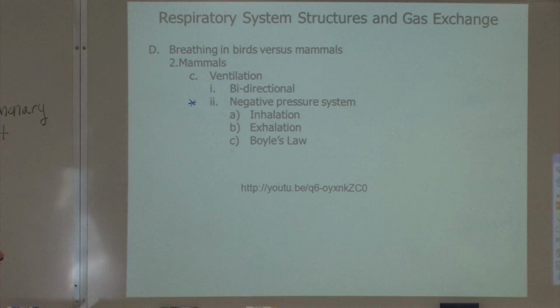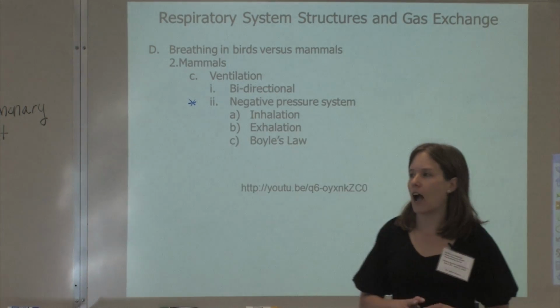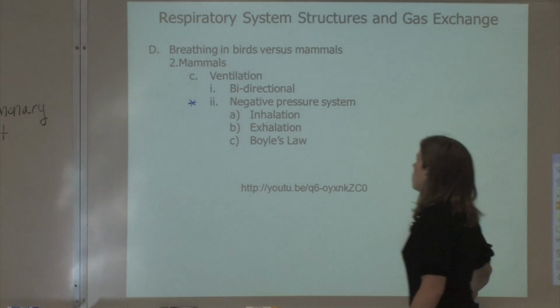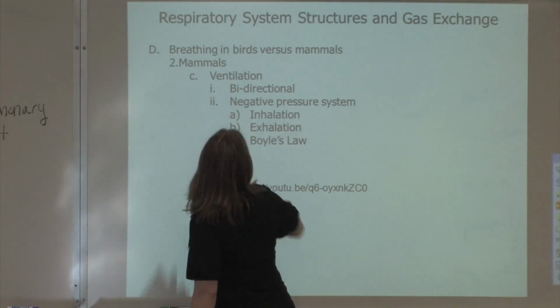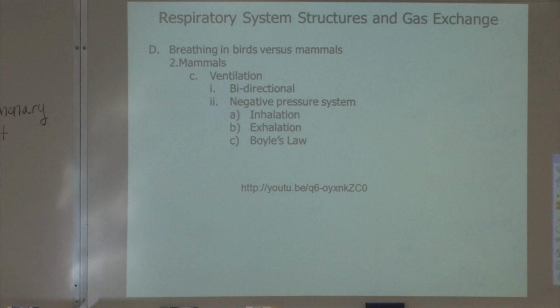Okay. We're going to take a little digression away from looking at structures to talk about how air gets into the lungs. Mammals use a negative pressure system to inhale, so to suck air into the lungs.